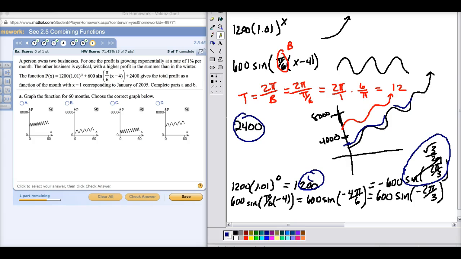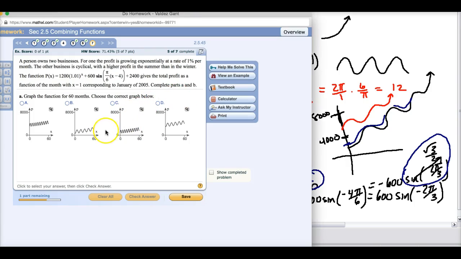So at the end of the day, if we go back and look here, we should pick the function that rises, vibrates slowly, and that is below y equals 4,000.